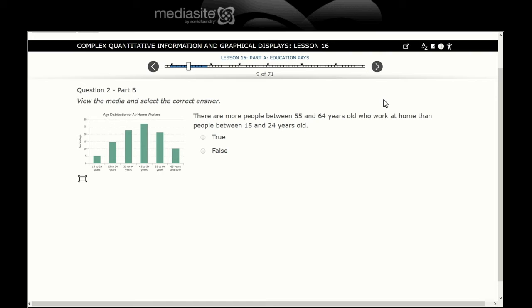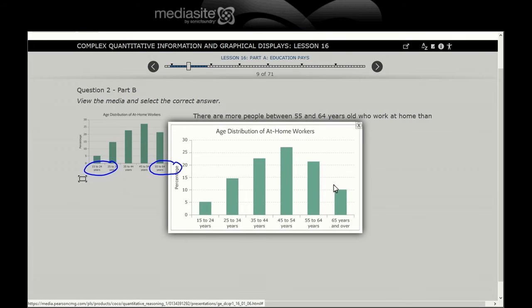There are more people between 55 and 64 years old who work at home than people between 15 and 24. So 55 and 64, 15 and 24. There are more. So should be these guys, the numbers on the left should add up to be less than numbers on the right.